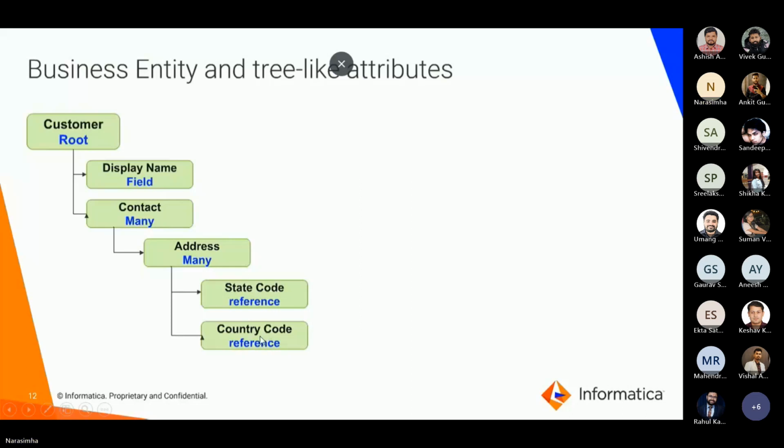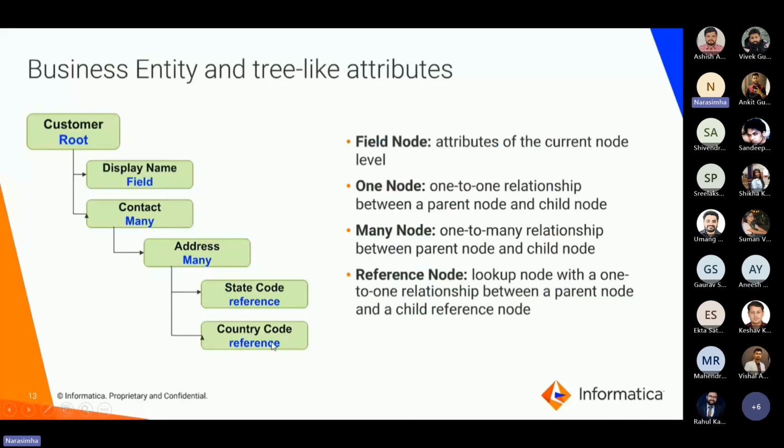Reference means lookup. Which means if the lookup is already configured, then address can also point to a lookup table, which is a country code, whatever, right? Similarly, another lookup, which is state code. So one child entity, business entity, or child record, child base object, you can say, can have linkage with multiple lookups.